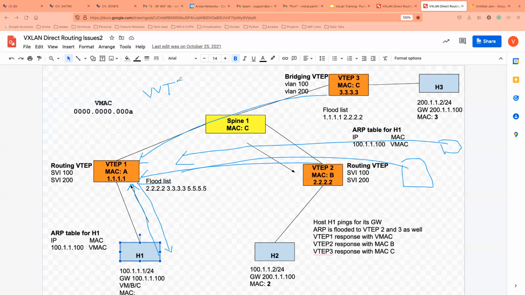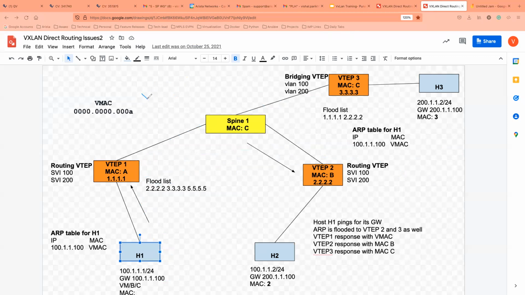Now, how will we resolve this by configuring the VTEP IP? Let's say we have configured it. Now let's say this guy has sent out an ARP request. What is the flood list? 222, 333 and 555.